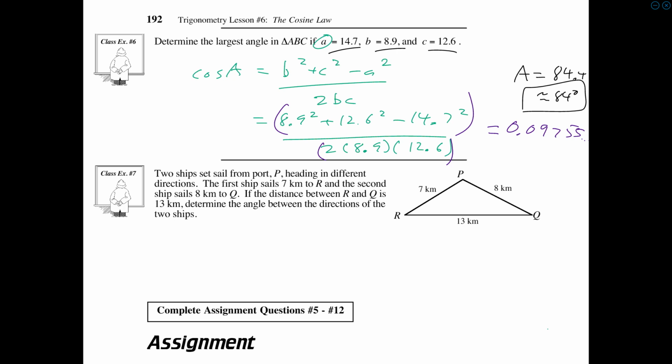Okay, last one. Okay, what am I looking for? Which side am I looking for here? Which angle? You have to read it. You're looking for B. So, oh, I almost put cos of P equals Q squared plus R squared minus P squared over 2QR.